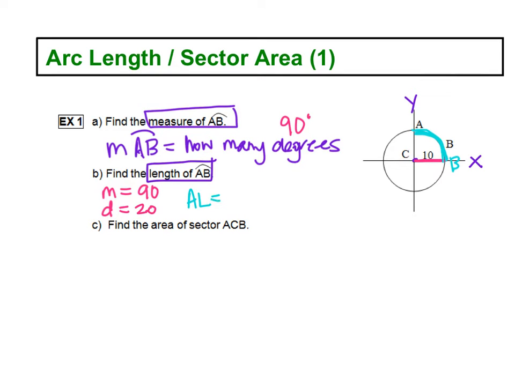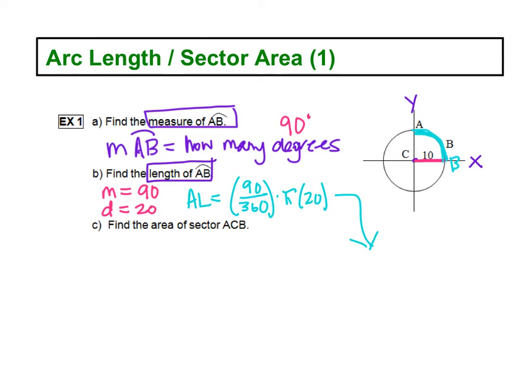Arc length is equal to, it starts out with the measure over 360, so we're going to take 90 over 360, and this gets multiplied by pi times your diameter, and our diameter is 20. All right, so when we multiply these out, I'm going to have to kind of write this down here.